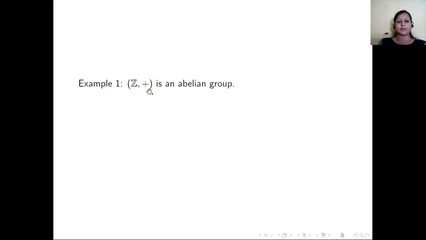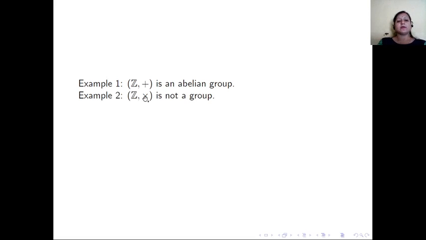So addition is a binary operation on Z. Then addition is associative binary operation on Z. 0 is the identity element for addition in Z. Then for any element A belongs to Z, minus A is the inverse of A. That is also called as negative element of A. So it is a group. Z is a group under addition. Moreover, addition is a commutative binary operation on Z. Therefore, Z plus is an abelian group.